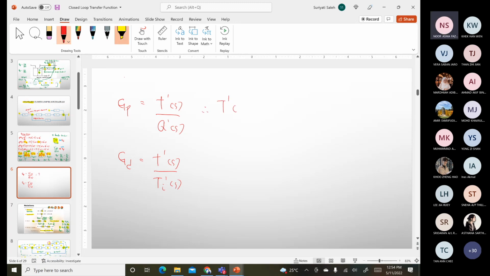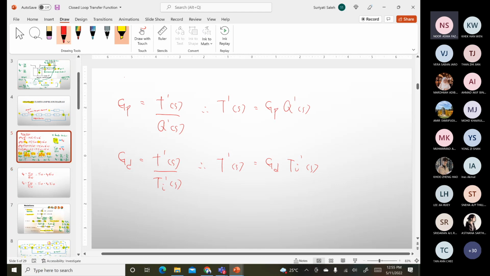T prime S equals GP Q prime S. And then this one, T prime S equals GD Ti prime S.